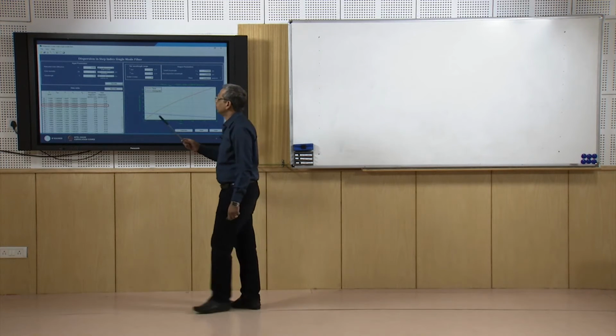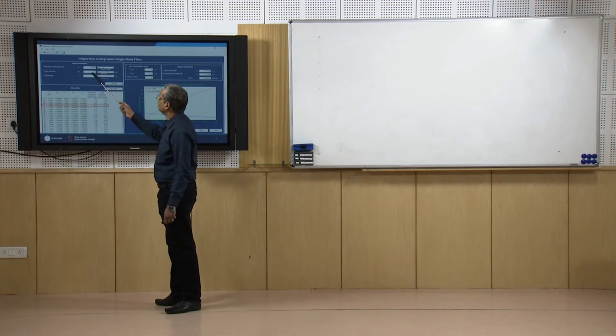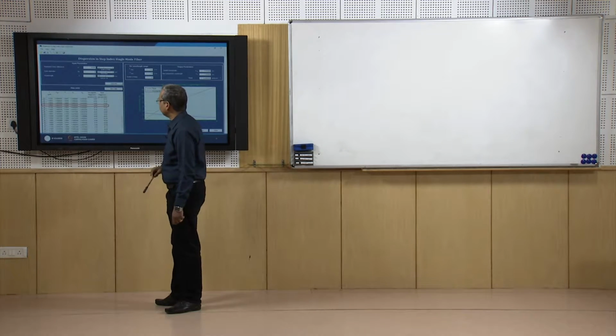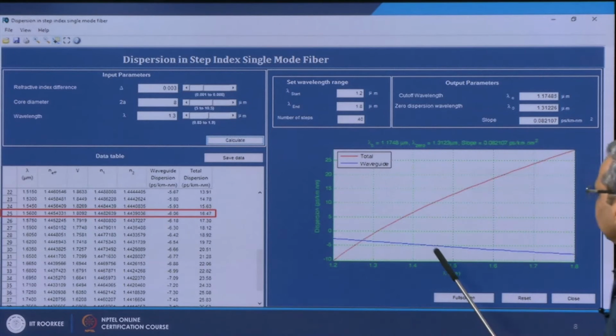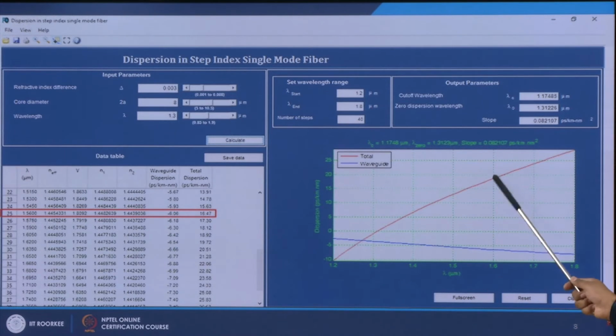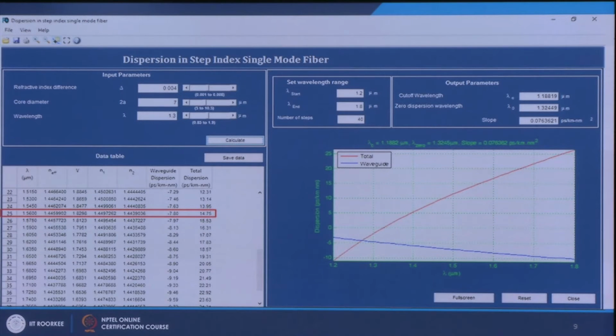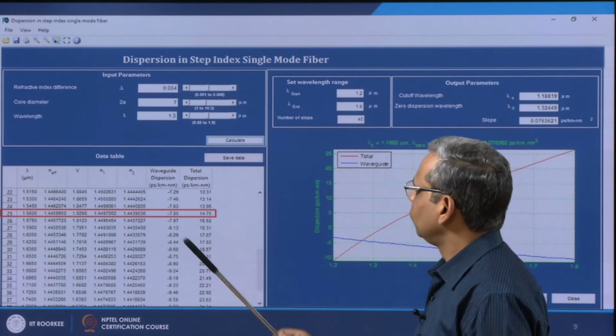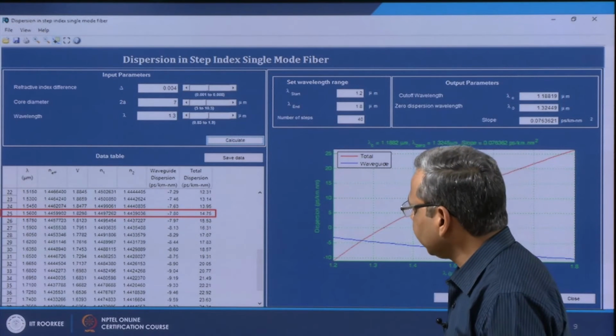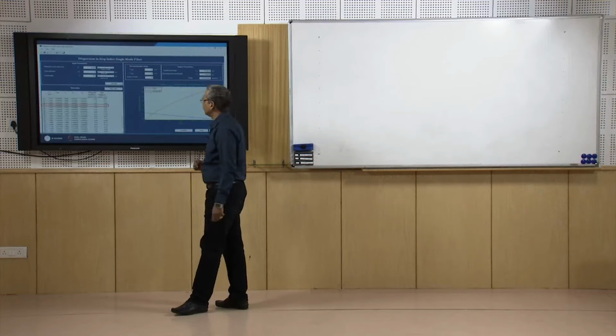I further increase delta, so it is now 0.3% and core radius is 8, then this is the waveguide dispersion, this is the total dispersion. If I further change it, then I increase the waveguide dispersion to about minus 8 picoseconds per kilometer nanometer.